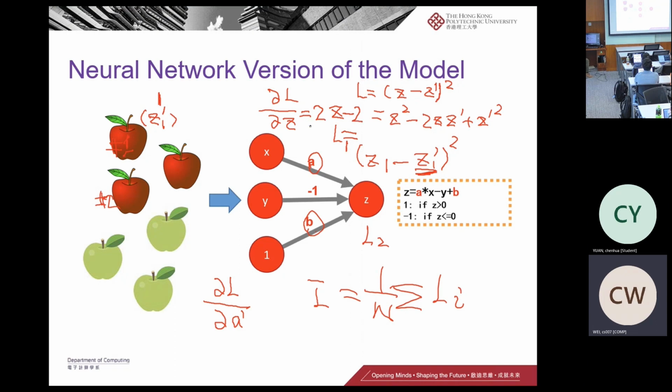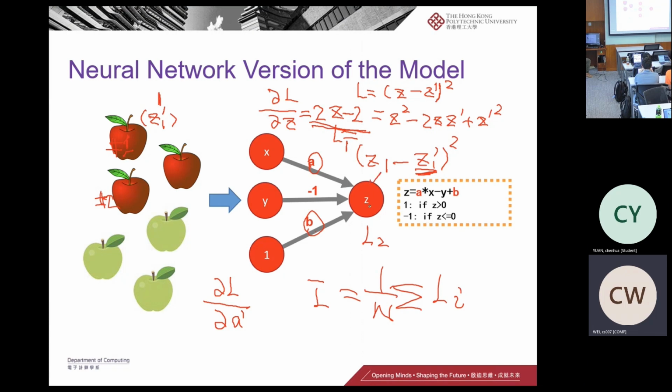Is that right? Yeah. Anyway, it doesn't matter. If you don't remember how to calculate the derivative, the gradients, it's okay. Anyway, you have 2Z minus 2 as the gradient over Z.